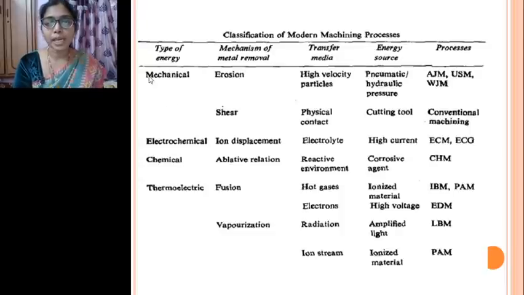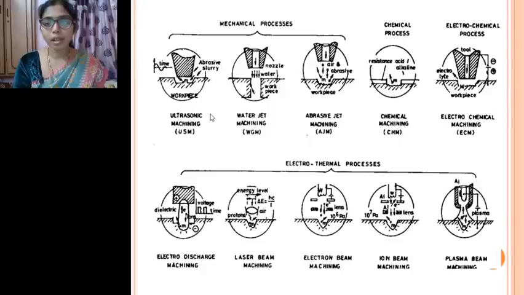In the mechanical type, the material removal is by an erosion process, where, as you can see here, the first one, for example, is the water jet.